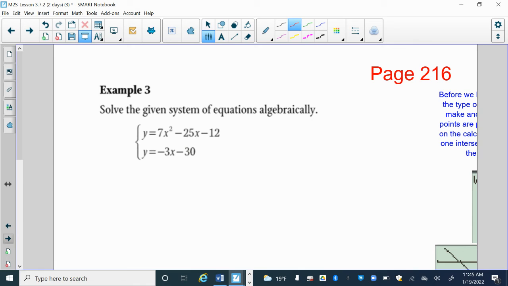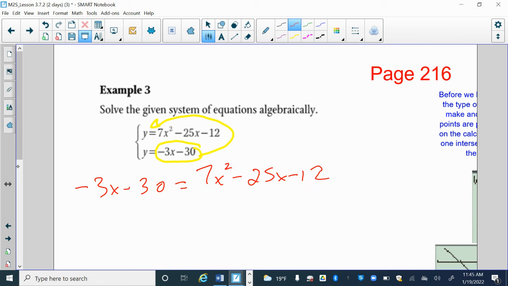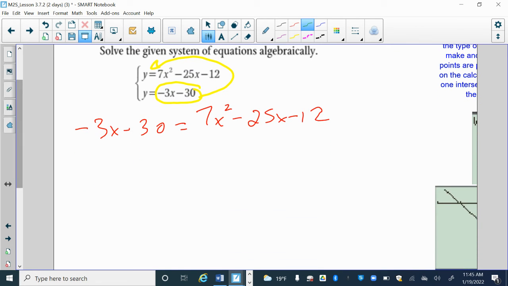If we look at example 3, let's substitute. So we'd have negative 3x minus 30 equals 7x squared minus 25x minus 12. Get this equation equal to 0.